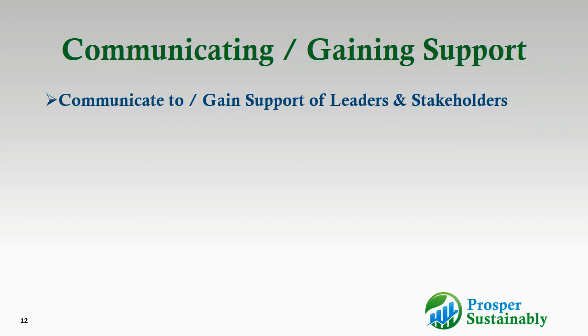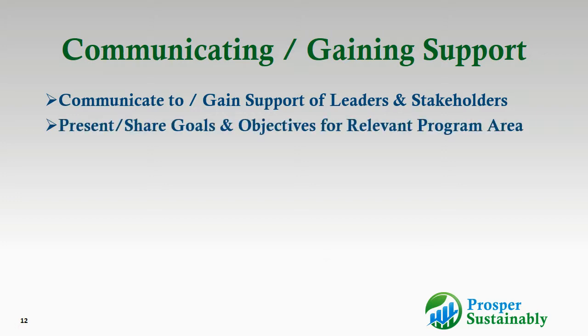So it's best if they're aware of what's going on and they support it and they're bought into it as well. And this plan allows you to do so. I'll show you some ways to do that in a moment. You want to not just share these with these leaders and stakeholders, but I recommend even presenting the goals and objectives for a relevant program area.